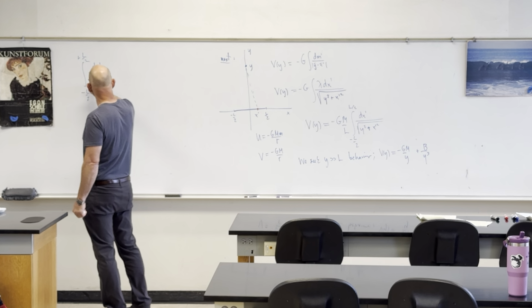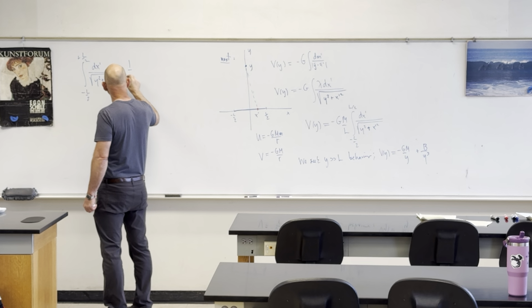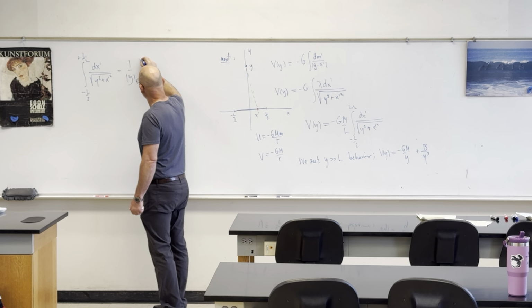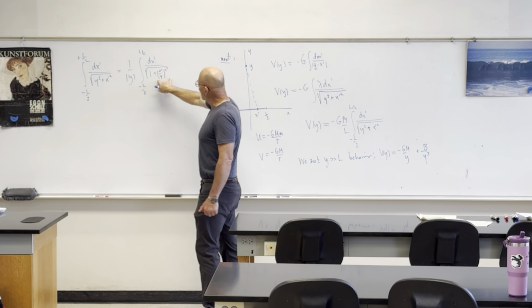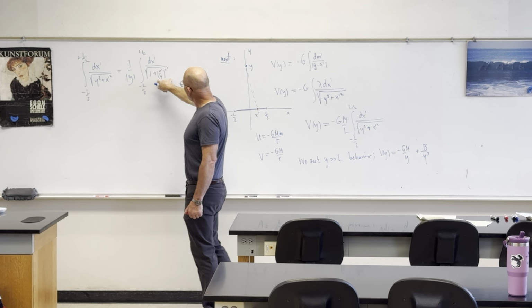And since y is not part of the integration, we could do this. We could even have 1 over y, or magnitude for whatever it's worth, integral dx prime root 1 plus x prime over y, squared. Now, for x prime over y small, we could expand this thing in a Taylor expansion.